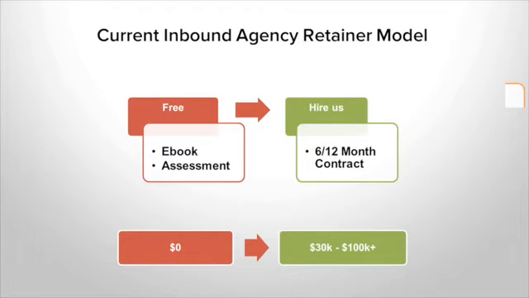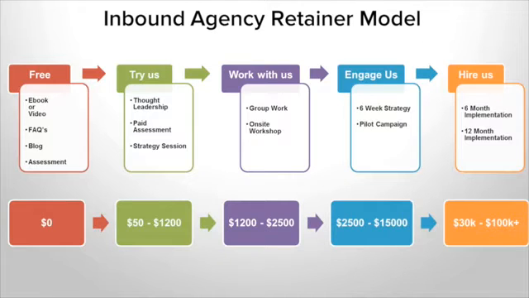But instead of going from free to money, we're going to put some smaller monetary steps in place. This is what the new model looks like. Instead of going from free to hire us, we're going to try us with a smaller amount of money. We're going to look at work with us, moving up the scale and the time frame, and engage us before there's a hire us commitment. I'm going to walk you through each of these step by step.